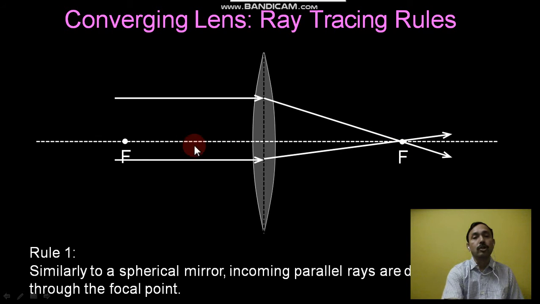So any rays falling parallel to the principal axis will converge at the focal point here. This is the first rule, rule 1.